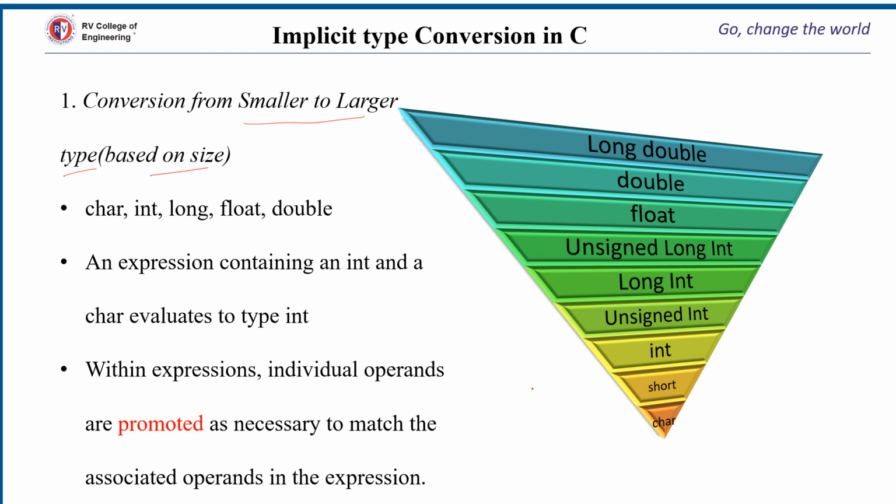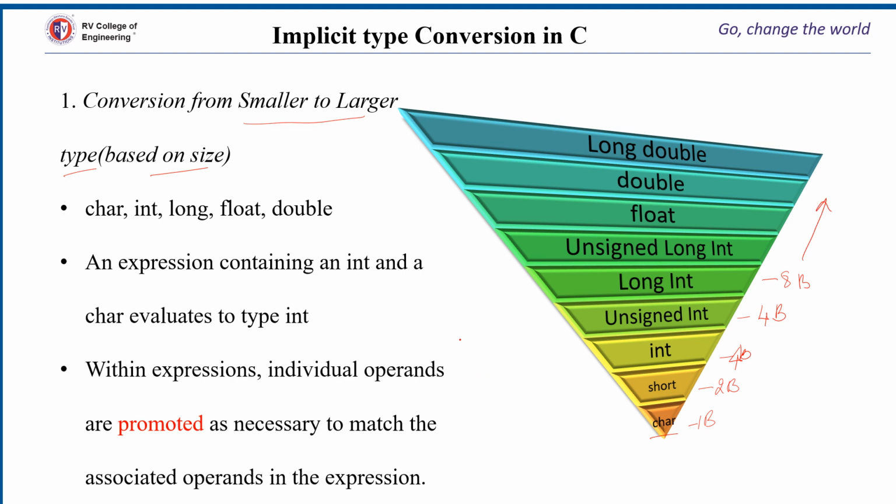If you observe the hierarchy, you have character which occupies 1 byte, then comes the short 2 bytes, integer 4 bytes, then comes the unsigned int 4 bytes, long int 8 bytes, and so on.